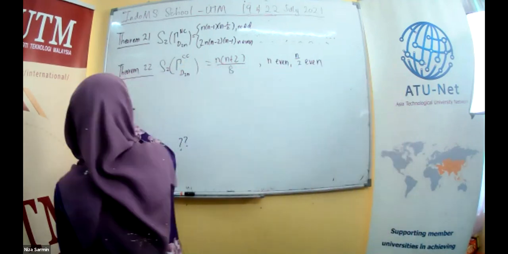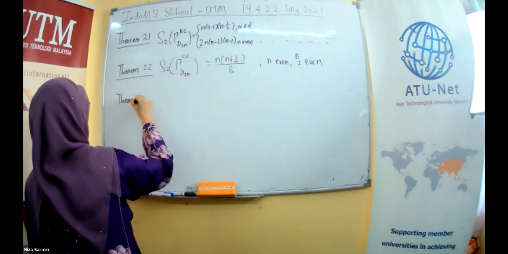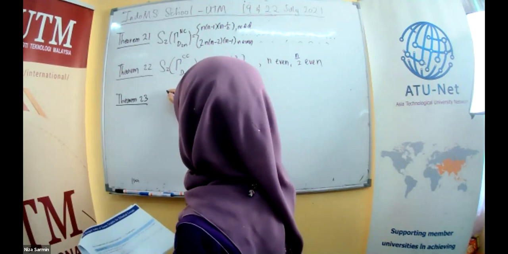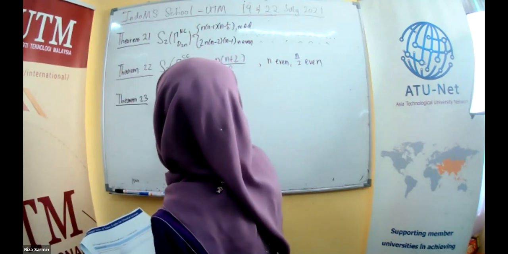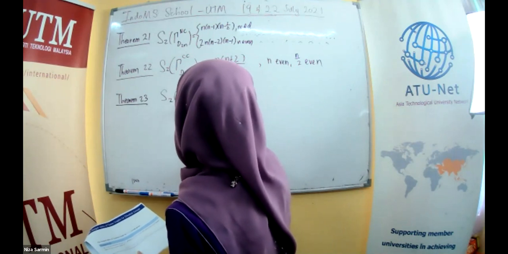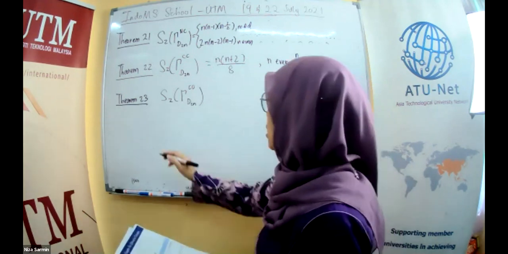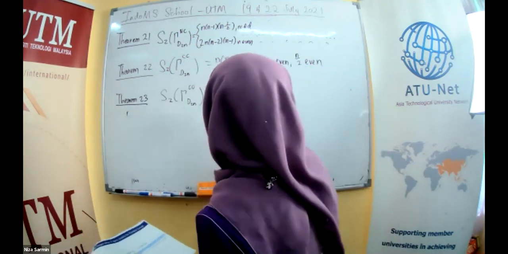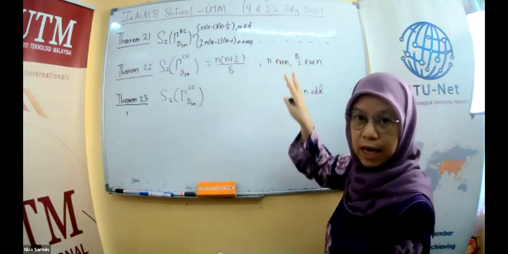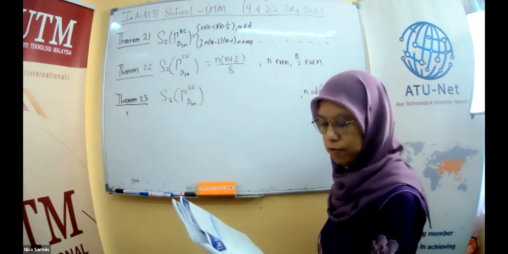Okay. Next one is theorem 23. Now we go to the coprime graph. And for this one n is odd. And again, why we have these cases, it depends on the graph, and we look at only the connected graph.